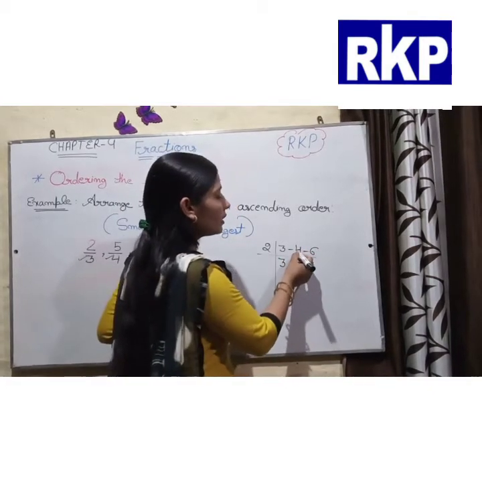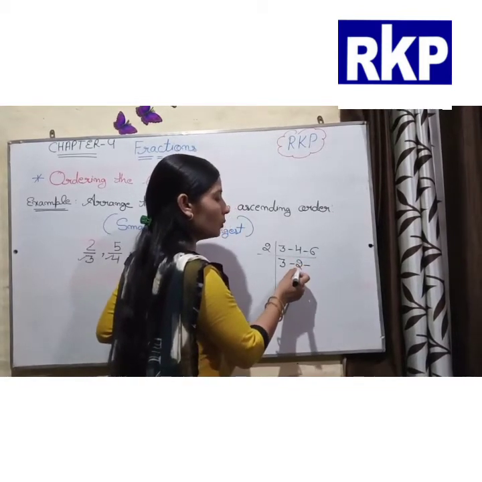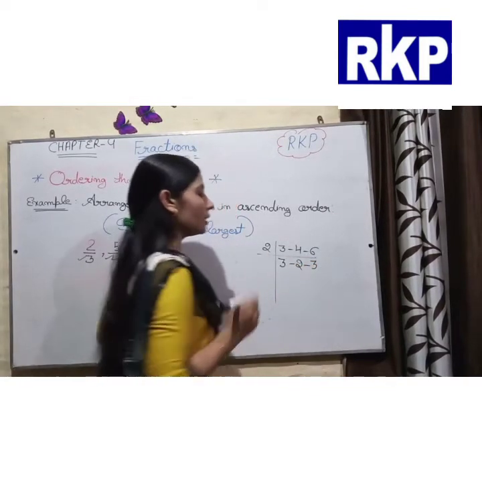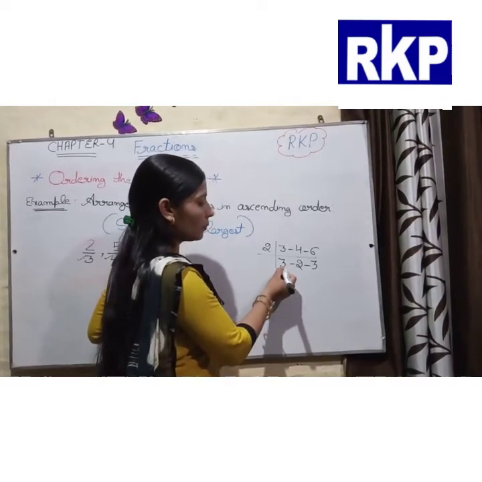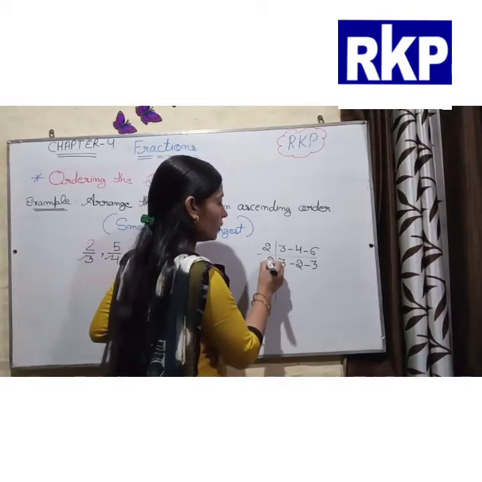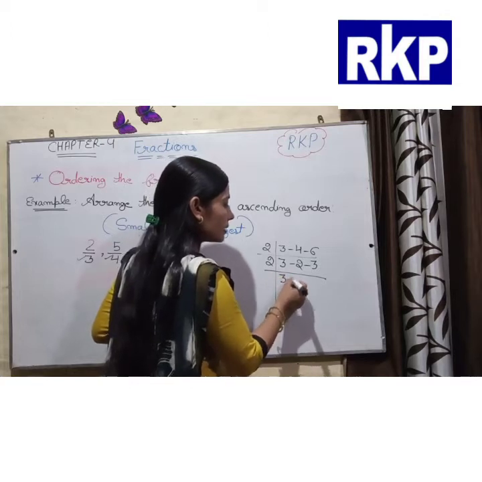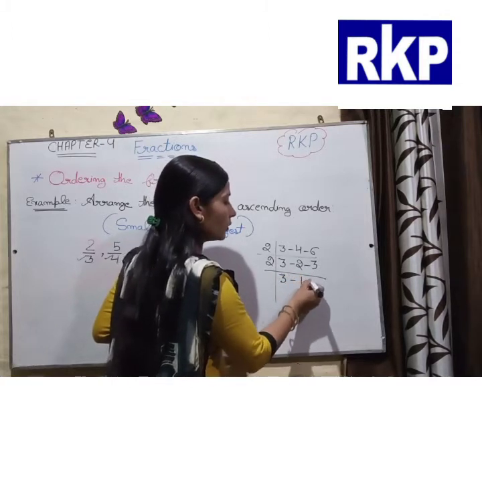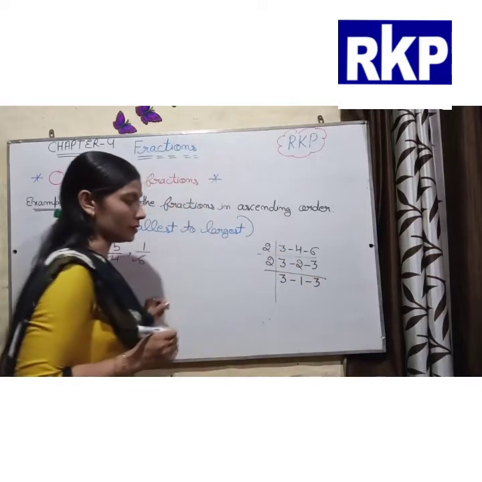And when we divide 4 by 2, we will get 2. So write here 2 and here will be 3. Now here we have 3, here 2 and here 3. So here we can write 2 and 3 as it is. Here 1 and here 3 will be as it is.